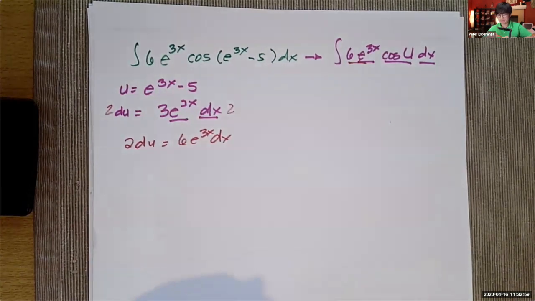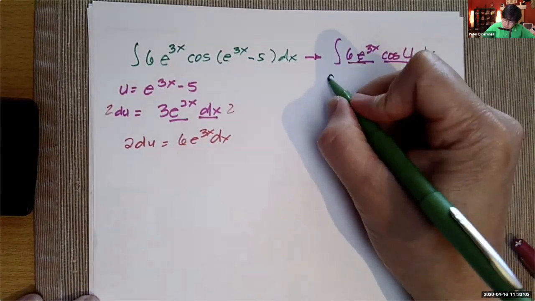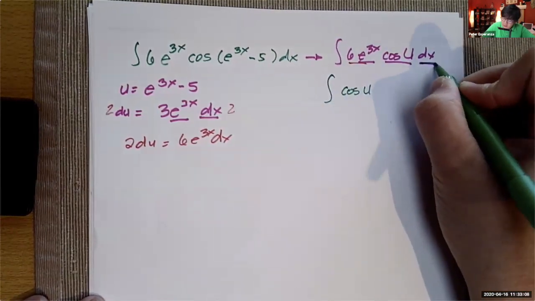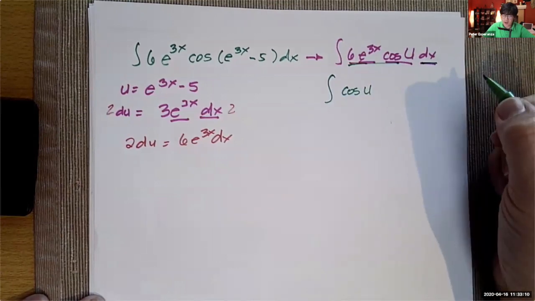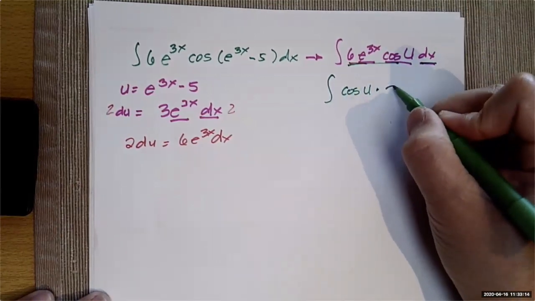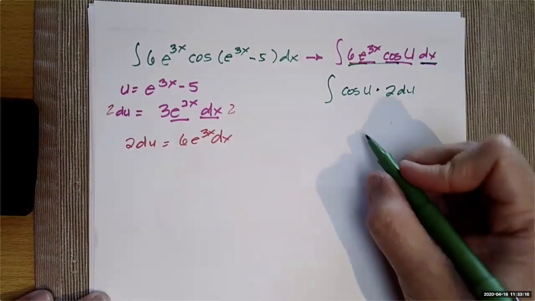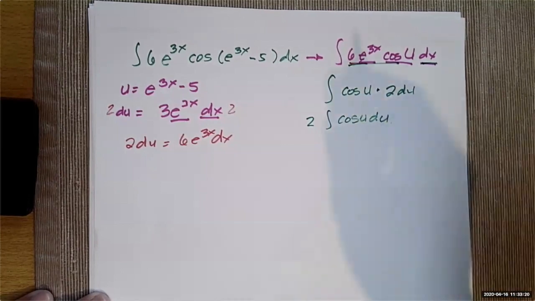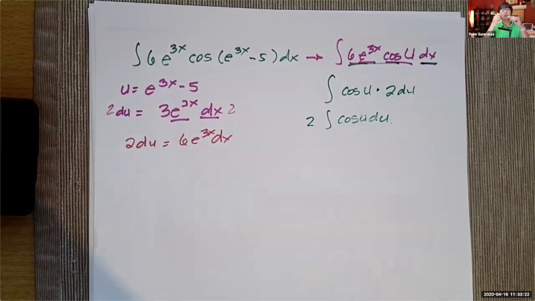So now our function will turn into the integral of cosine u. This whole thing will turn into what? 2 du. And now constant out. And we're looking for the integral or antiderivative of cosine u du. And what is the antiderivative of cosine u du?